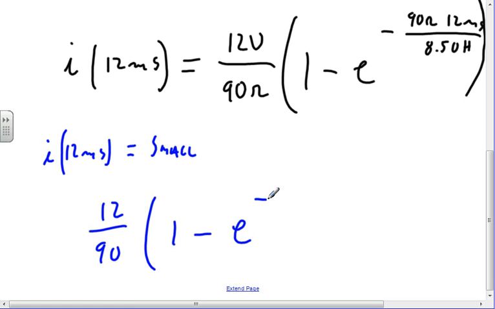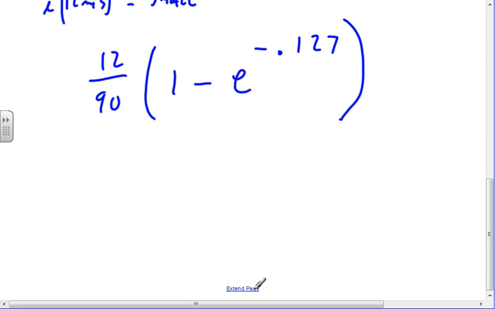Boom. 0.127. All right, so I got 12 divided by 90 times parentheses 1 minus e to the minus 0.127, close parentheses, hit my enter button, and what do I have? 15.9.